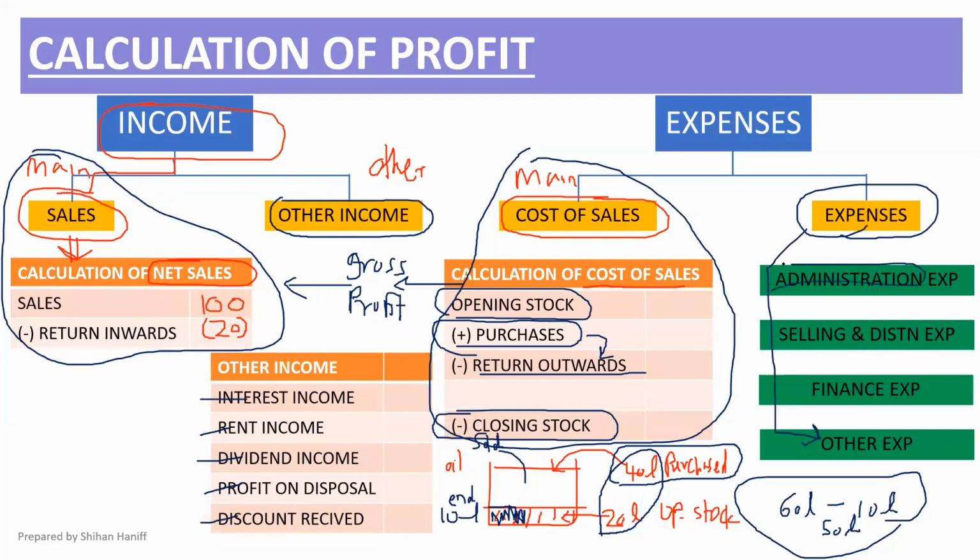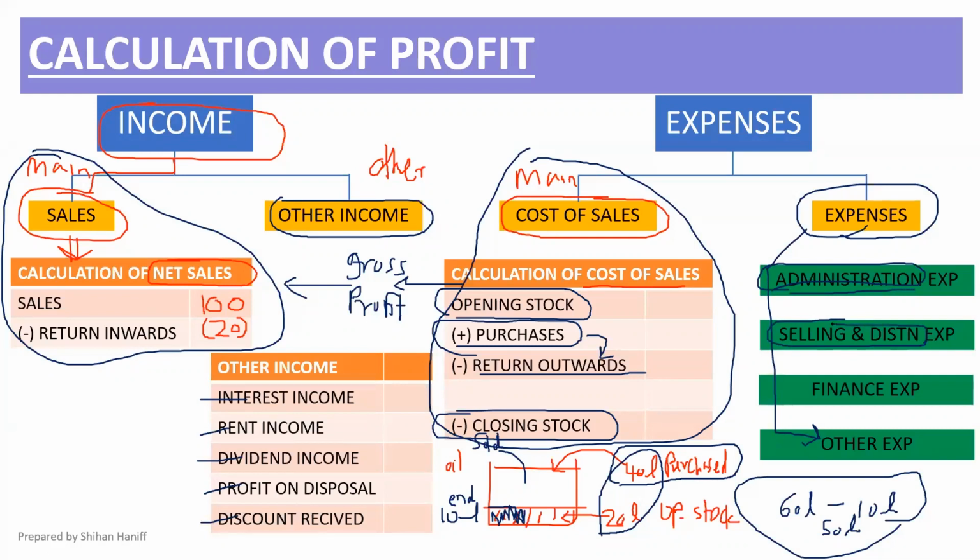Administration, which is related to the office related expenses inside the office. Examples: paying salary, paying rent, electricity, water, stationery, right, printing. So all these are admin. And we have selling and distribution, to sell or to distribute the products.